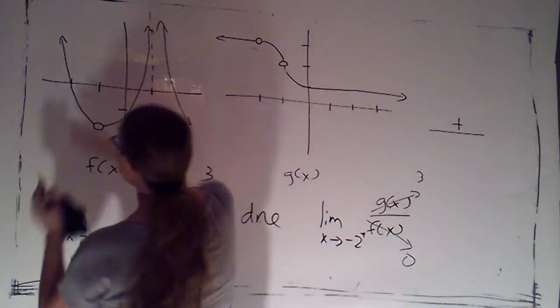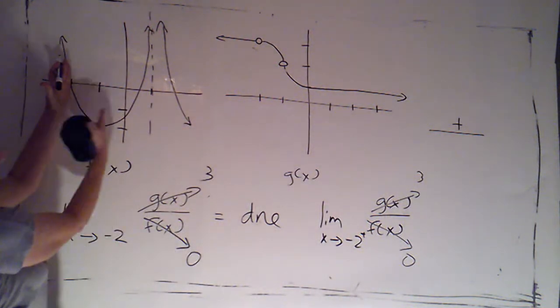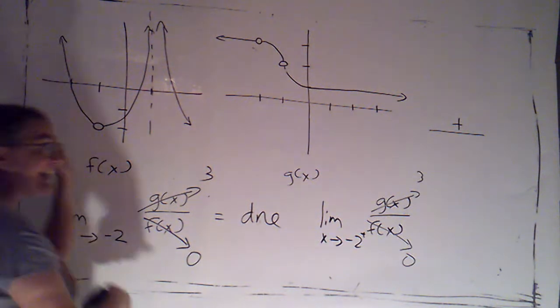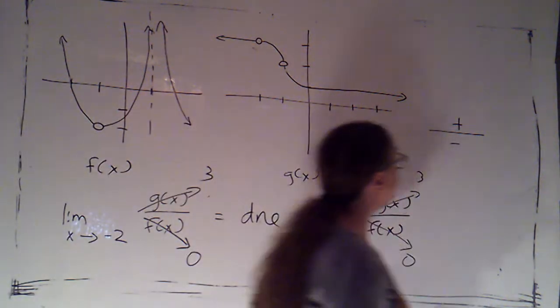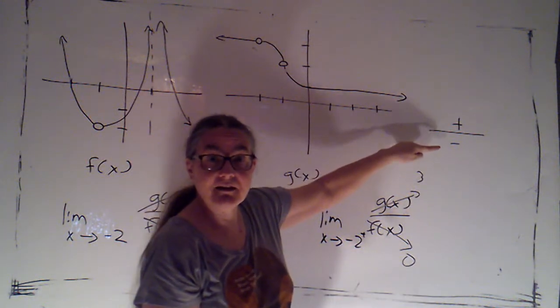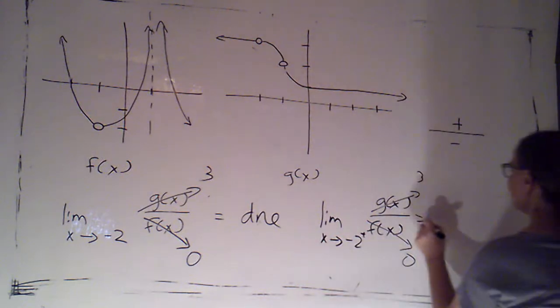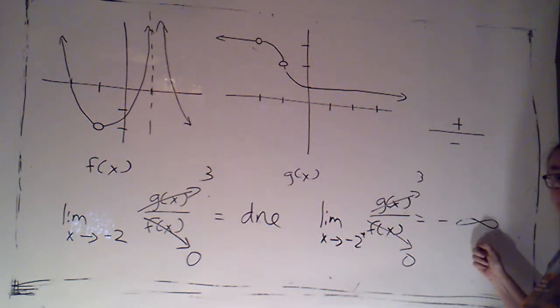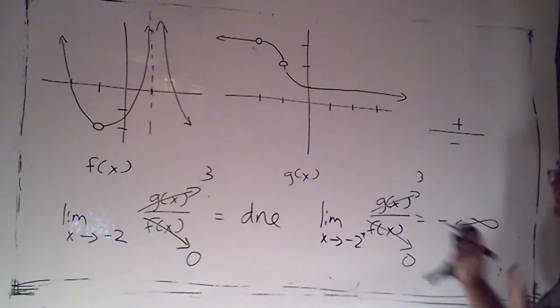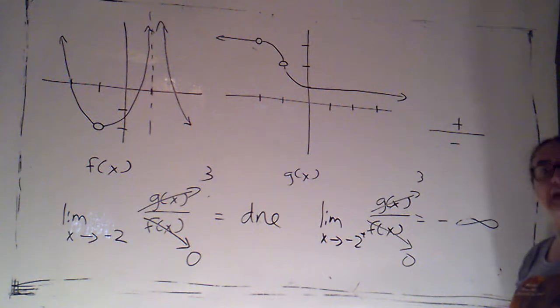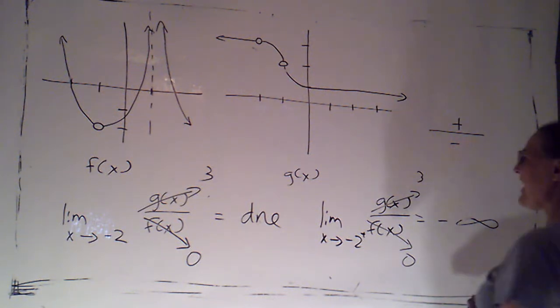So I'm just looking at this part of the graph right here. It's below the x-axis, it's negative. So when I do my sign check, I get a positive divided by a negative. That's going to give me something negative, and so that one-sided limit would be -infinity. So the limit law didn't apply here. I needed to recognize that, but I still had some other tools for evaluating the limit.